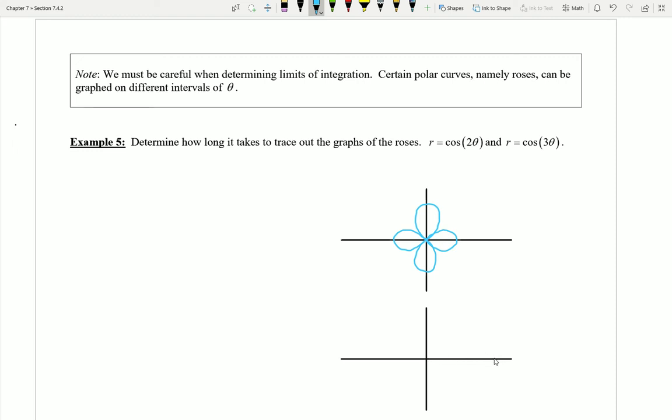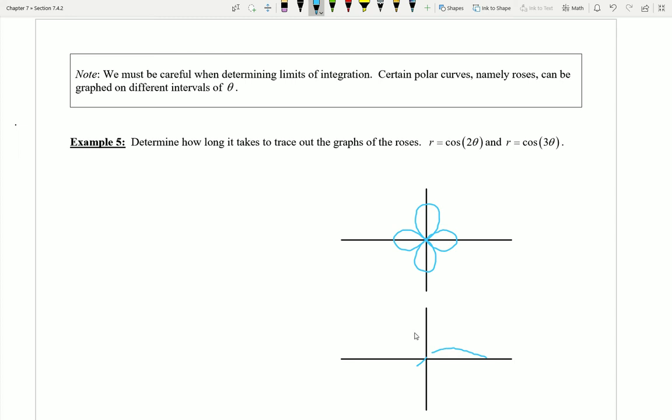Whereas if I was to graph out the cosine of 3 theta, I end up with something that looks a little bit more like the following. That was one too far. I'm going to get something that looks a little bit more like this.